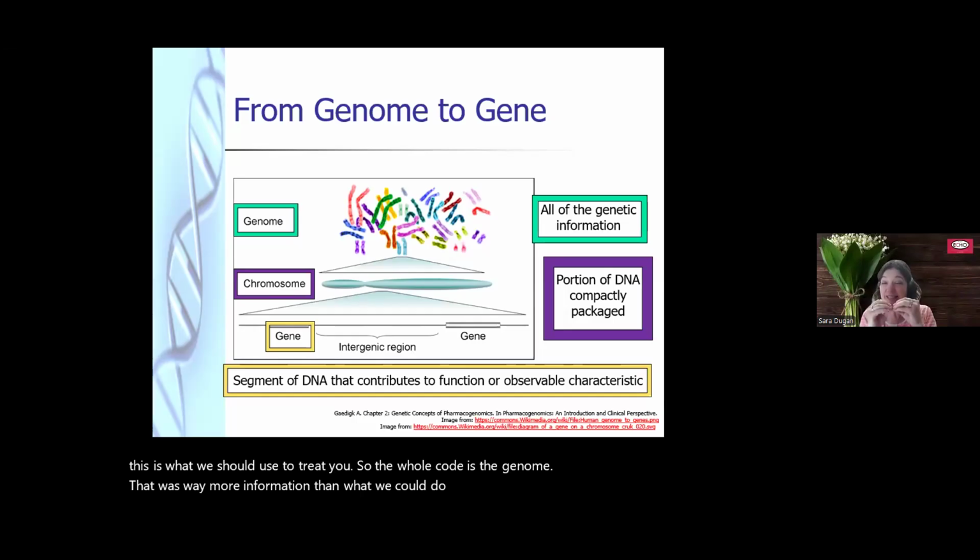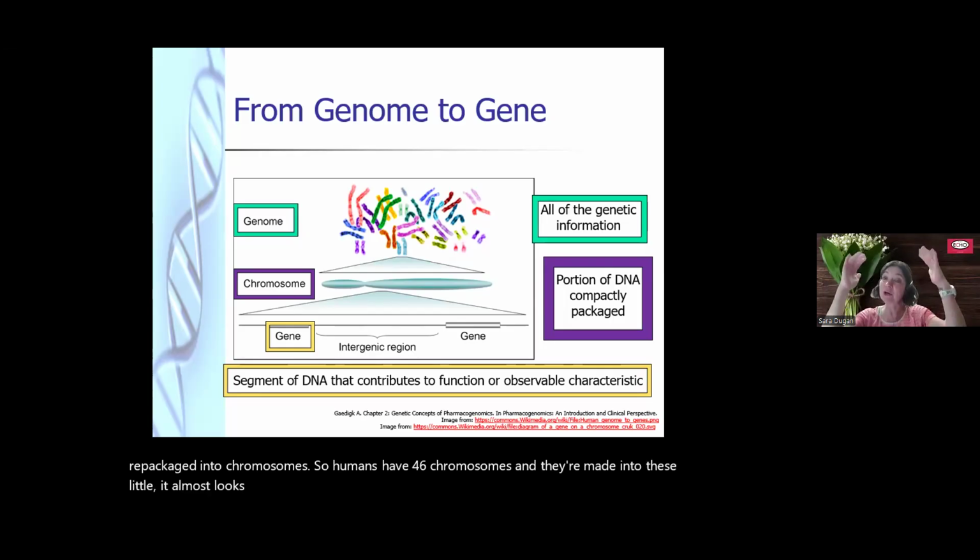As scientists continued to evaluate, they found that all of that genetic information is actually repackaged into chromosomes. Humans have 46 chromosomes, and they're made into these little, it almost looks like big X's, and they encode for different parts of our information.